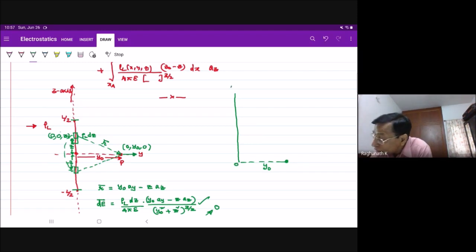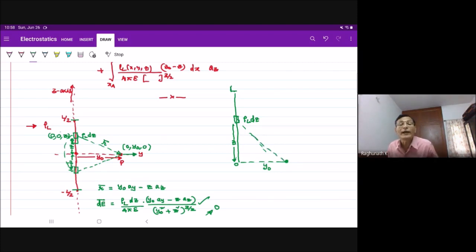Line charge is there from 0 to L. In this particular case also, you have to consider the differential line element at any z of length dz, because of which the charge on it is rho L dz. Again, talk about the radius vector from 0, 0, z to 0, y naught, 0.